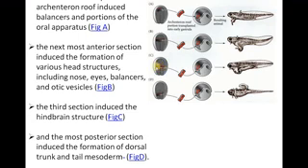If you take the organizer from this area and transplant it into the host, it develops into hindbrain in this region. Whereas the last one, the most posterior section, induced the formation of the dorsal trunk and the tail mesoderm. If you cut and take the organizer from here and transplant it into the host embryo, it develops into an additional trunk as well as the tail mesoderm layer in the developing embryo.